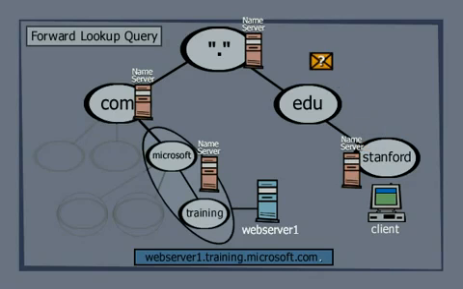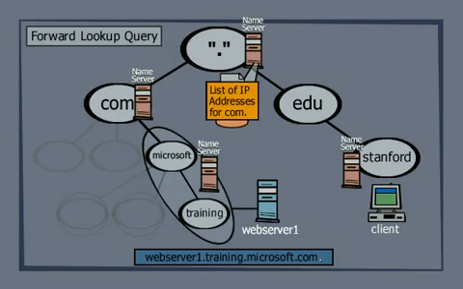So, the local name server sends a query to a root name server. The root name server contains IP addresses of the name servers for the top-level domain, com. The root name server sends those IP addresses back to the local name server, which then queries a com name server.